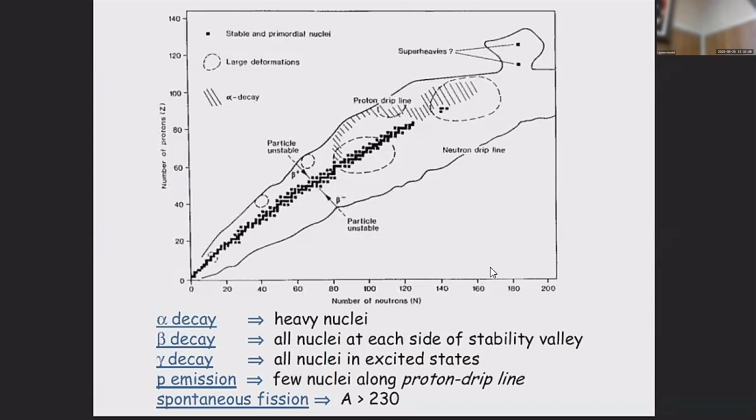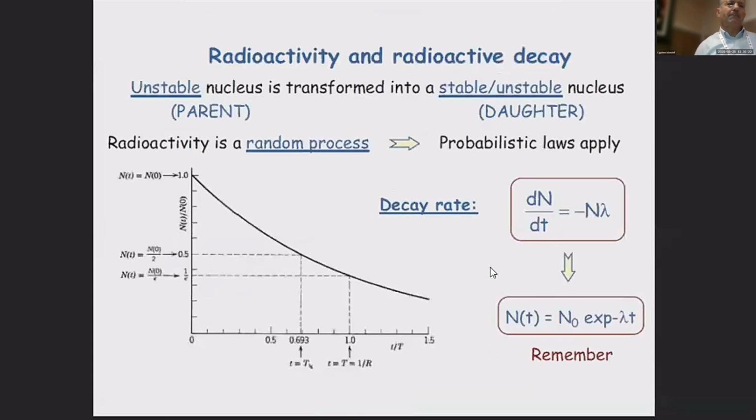Therefore, on each side of this valley, we observe electron, that means beta minus, and positron decays. And gamma decay is observed everywhere where there is an excitation of the nucleus. And if nuclei are too heavy in this region, there is spontaneous fission. Therefore, these are the decays that we observe in nuclei.